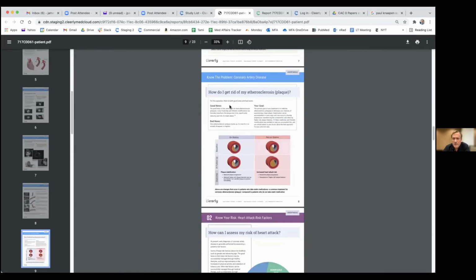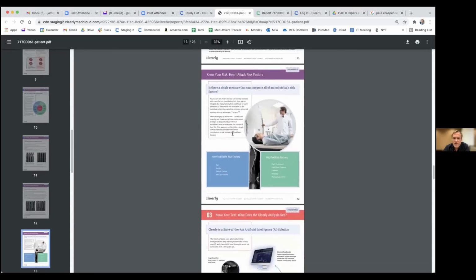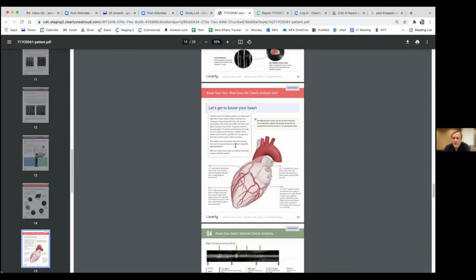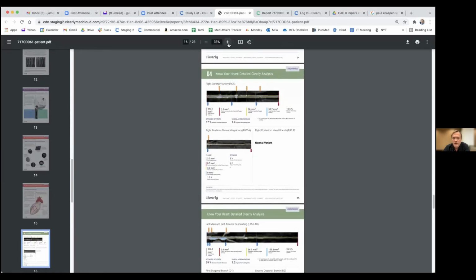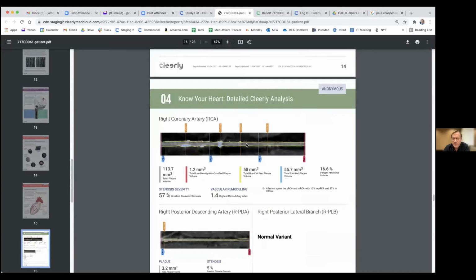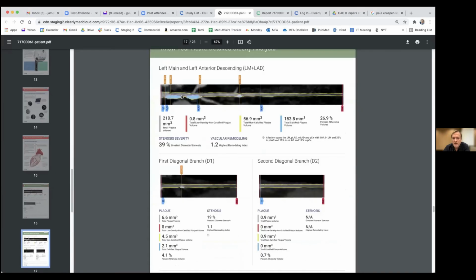It will have a lot of information about coronary atherosclerosis, coronary imaging, what a CT does, what the different types of plaque are, and what risk they connote to you. And then there are also the pictures of their vessels themselves with the color overlay, so they can actually see where their plaques are, what stenoses may be present, and what type of plaques may be there too.